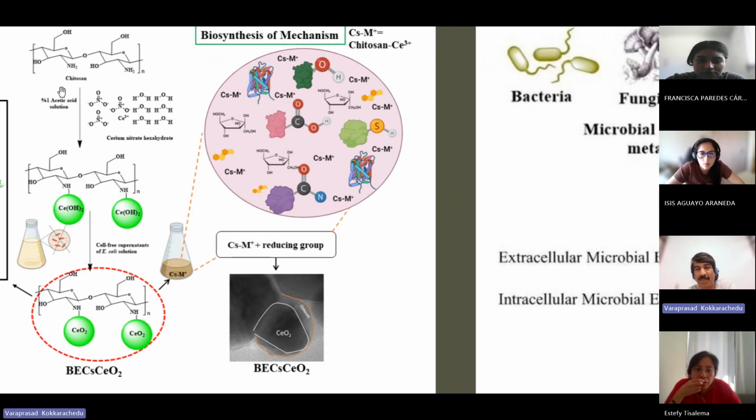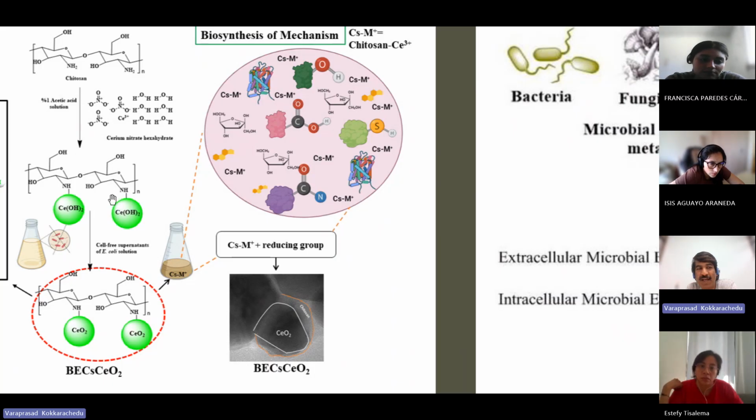For the first example, chitosan, we have chitosan and cerium oxide. Here they grow cells and then remove the cells, and this one they added here.